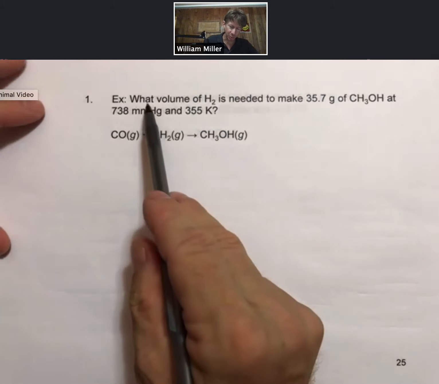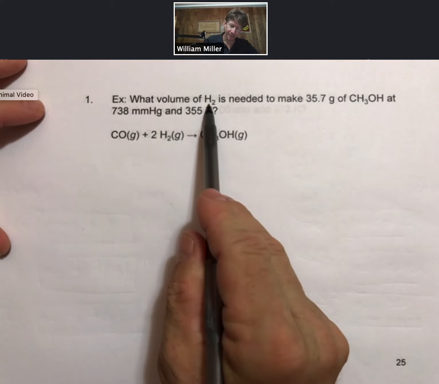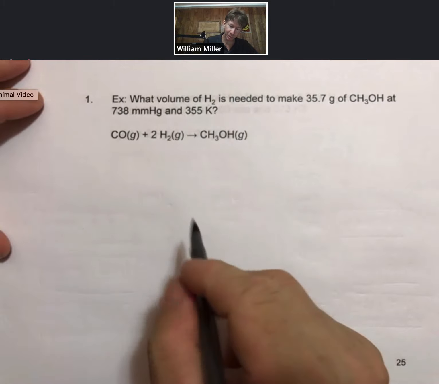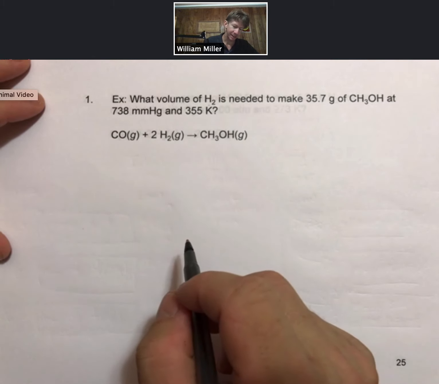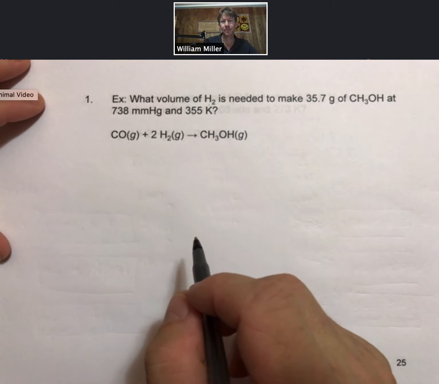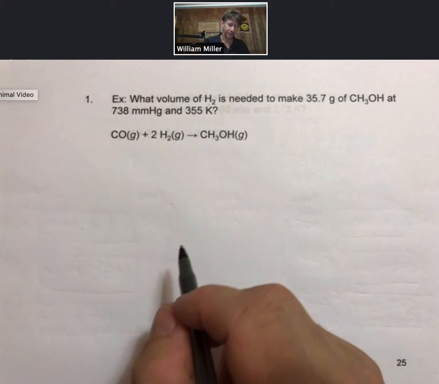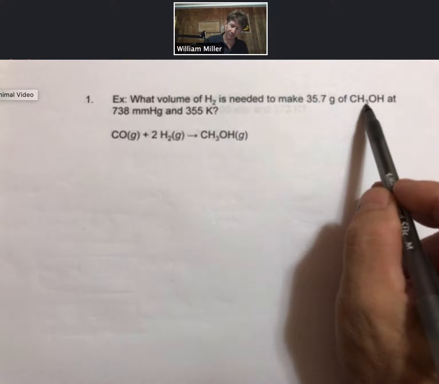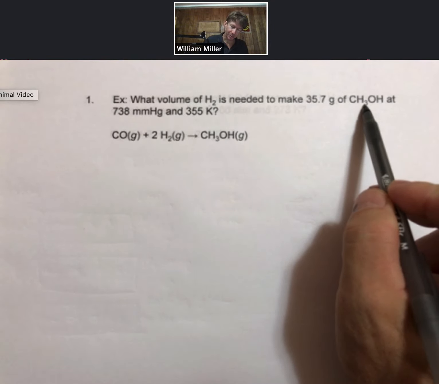This question says, what volume of hydrogen is needed to make 35.7 grams of CH3OH, that's methanol, at a specific pressure and a specific temperature? So we have 35.7 grams of methanol, a product in this case.